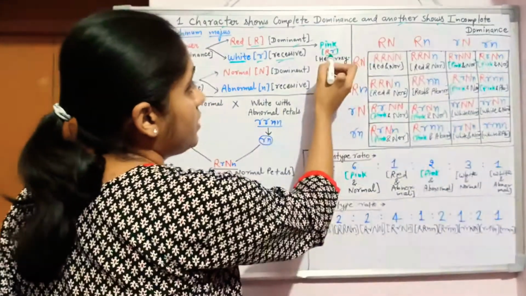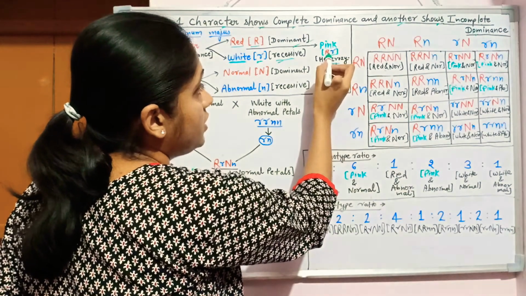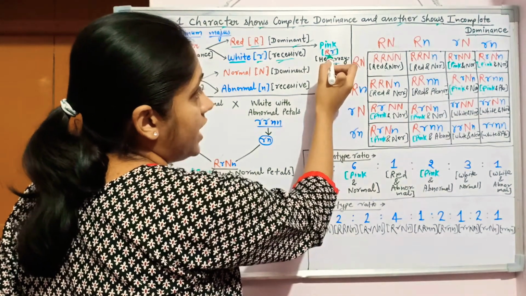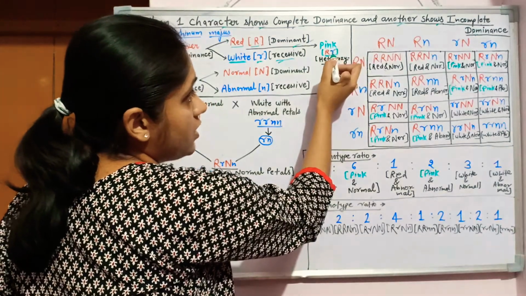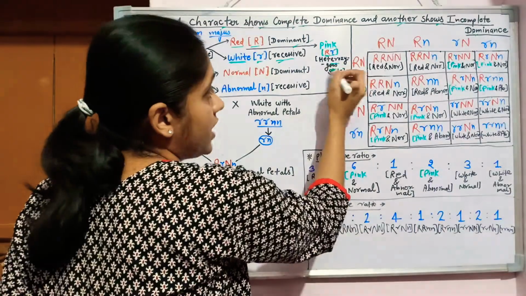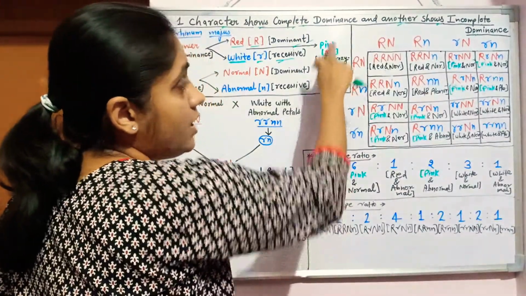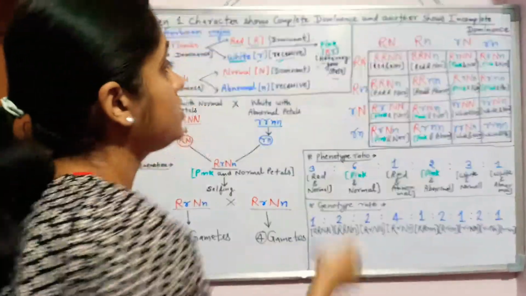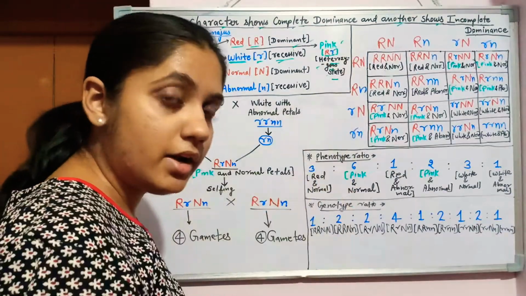In the heterozygous genotype, where both alleles are present together, the flower produced is pink in color, not red and not white.